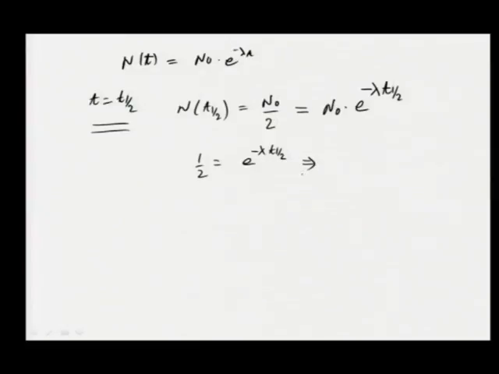Invert this, take 1 over on both sides, and you will get 2 is equal to exponential plus lambda t half. Now, we take the logarithm on both sides. That will give you log 2 is equal to lambda t half.